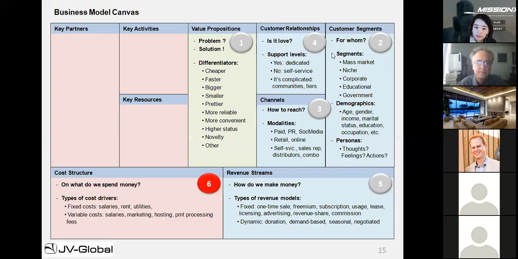All right, let's stay on the money track here. We're going over into the red shaded part of the business model canvas. How do you spend money? And again, just some examples of fixed and variable costs that are listed here. Salaries, rent, utilities, marketing expenses, you name it.